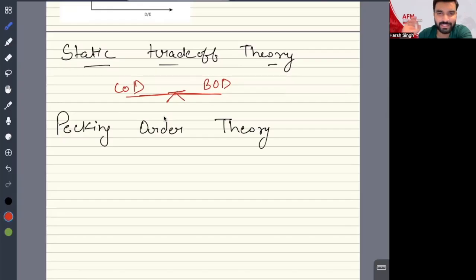Now, this theory is very simple: whenever you want to raise finance, first of all, you raise from internal sources, I am talking about retained earnings.